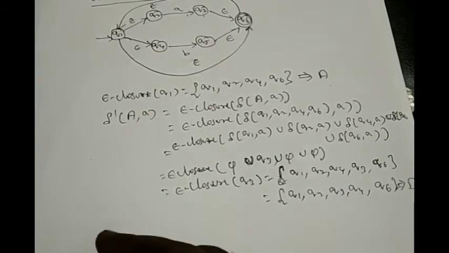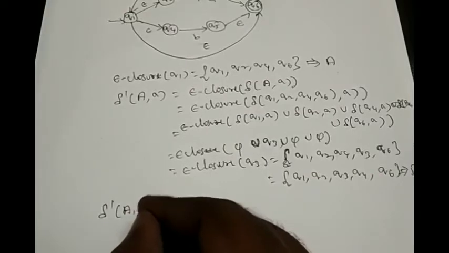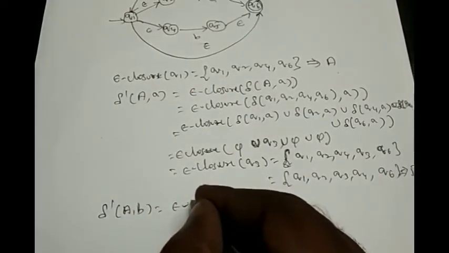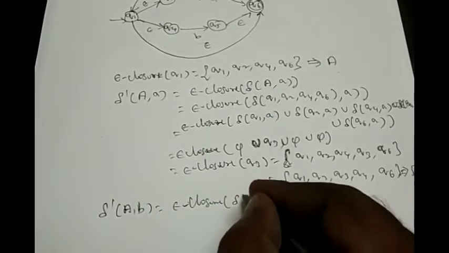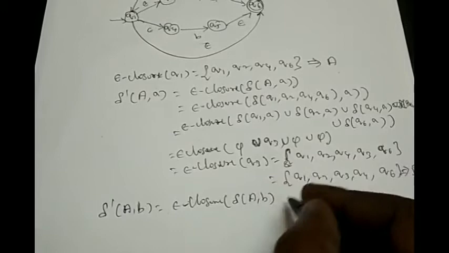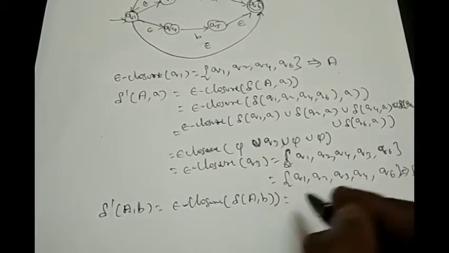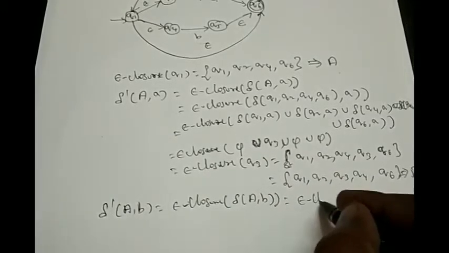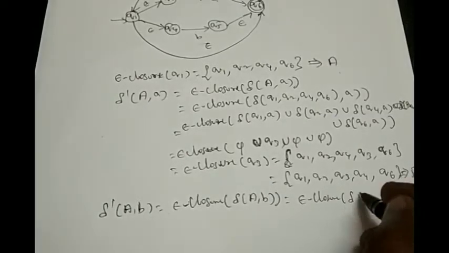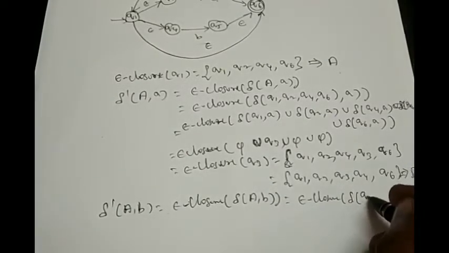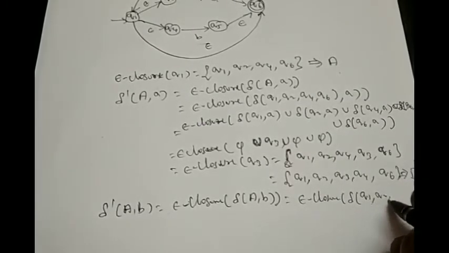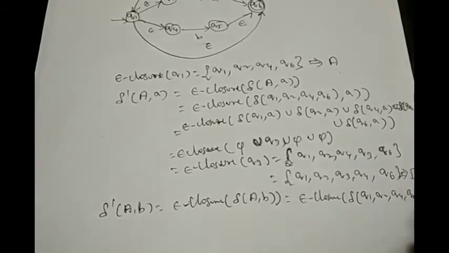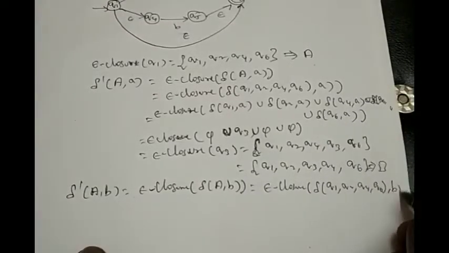The next input is B. Okay, so now you find delta dash of A comma B. So it is equivalent to epsilon closure of delta of A comma B. Okay, so this is also equivalent to epsilon closure, and delta of A can be written as Q1, Q2, Q4 and Q6, and you can just apply B here.